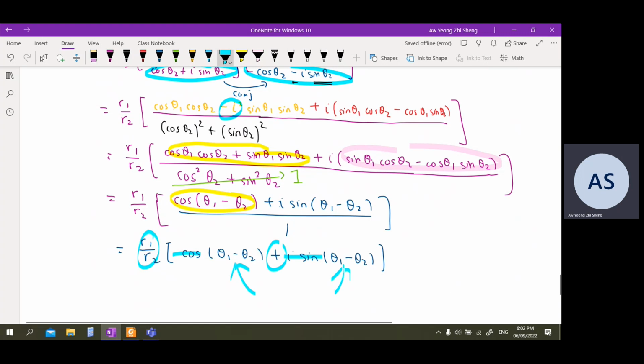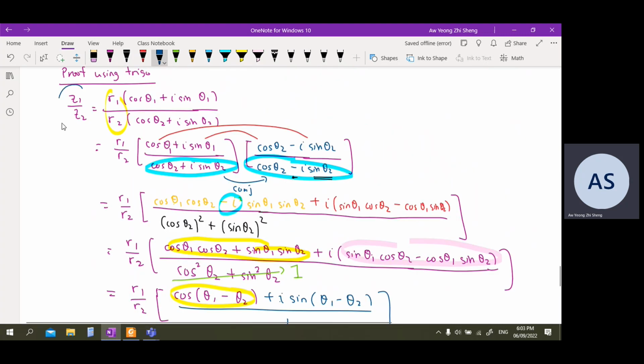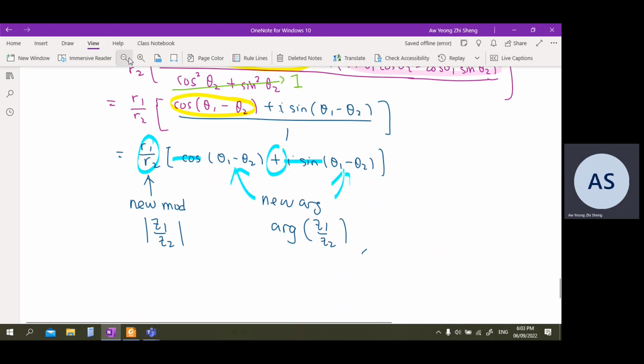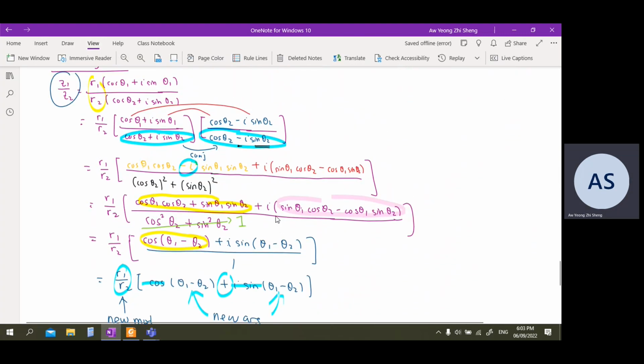Therefore, you can extract R1 over R2 as the new modulus, and the common angle of the cos and sine term to be the new argument. And what is the complex number that we are working on? We are working on Z1 over Z2. So this is actually the modulus of Z1 over Z2, and this new argument is actually the argument of Z1 over Z2. So this is how we prove it by trigonometry.